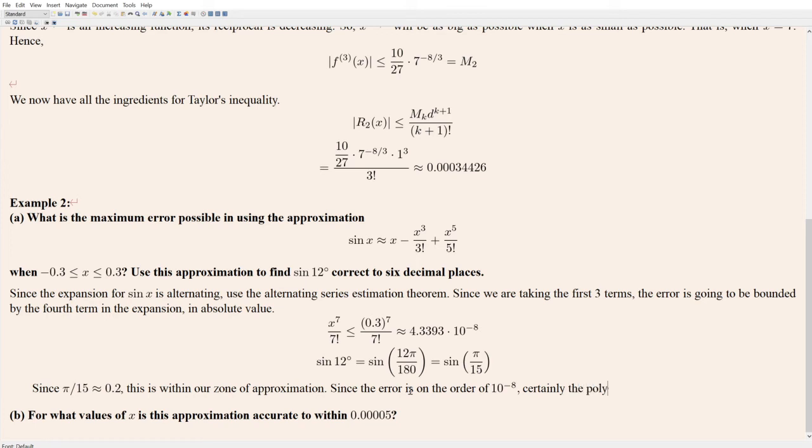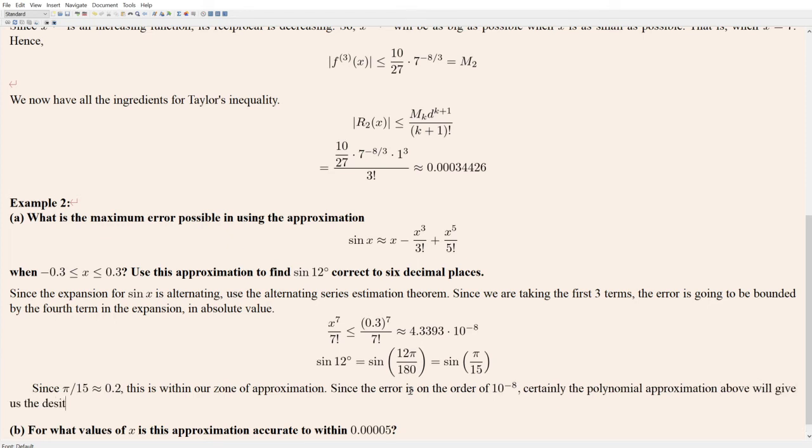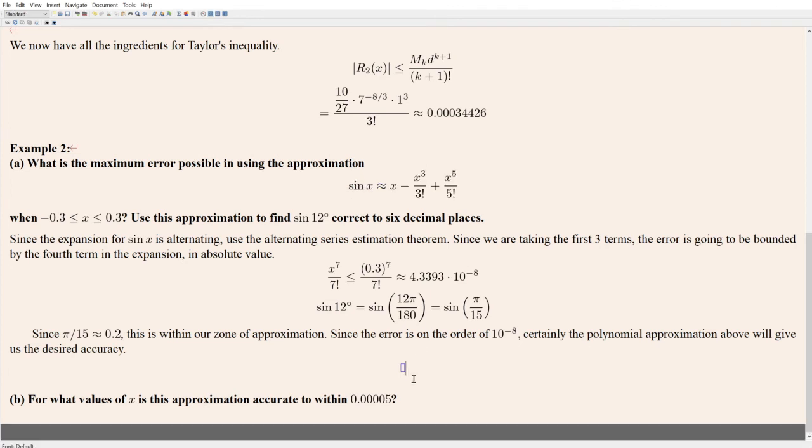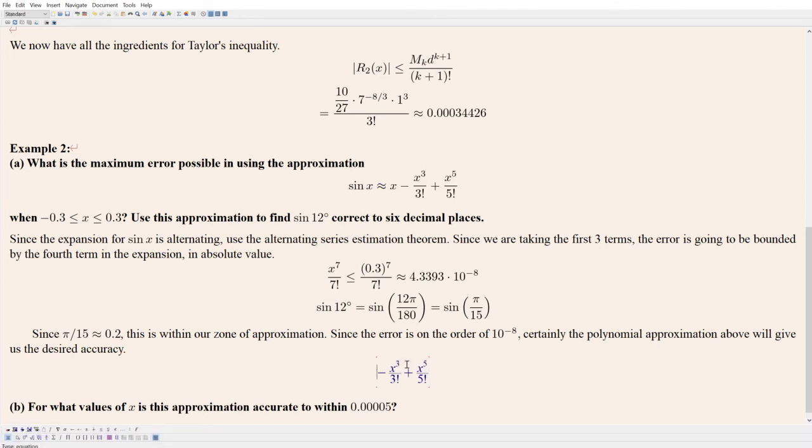So certainly the polynomial approximation above will give us the desired accuracy. So just plug pi over 15 into this and see what we get.